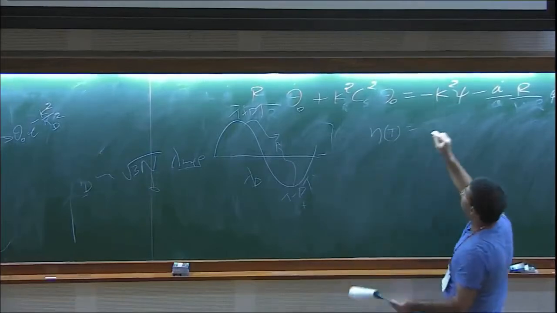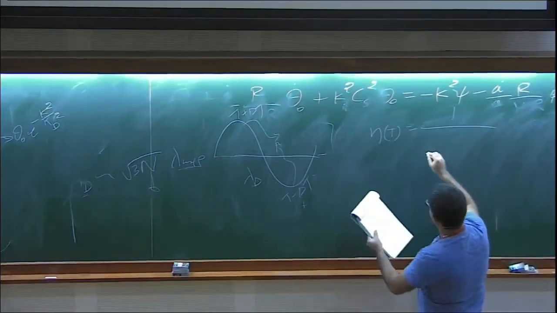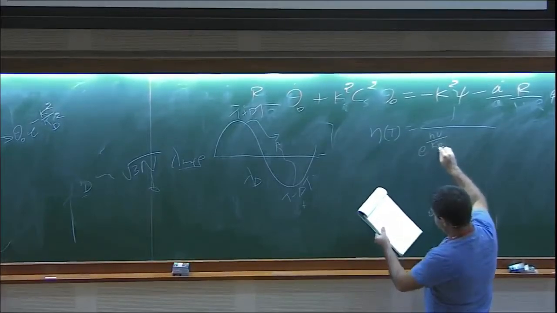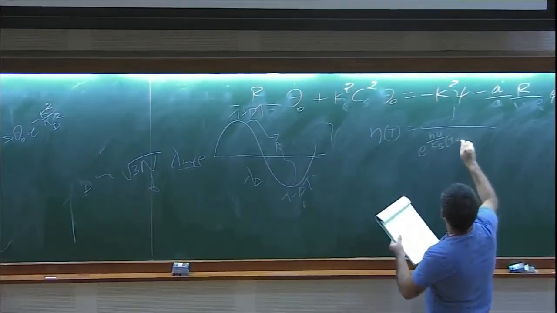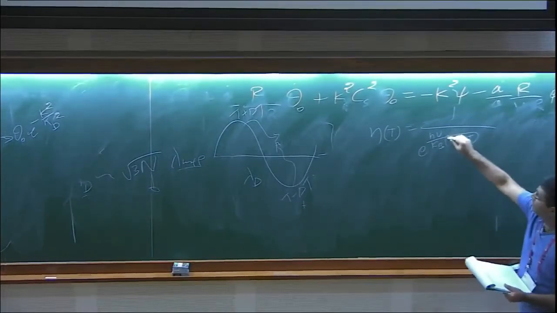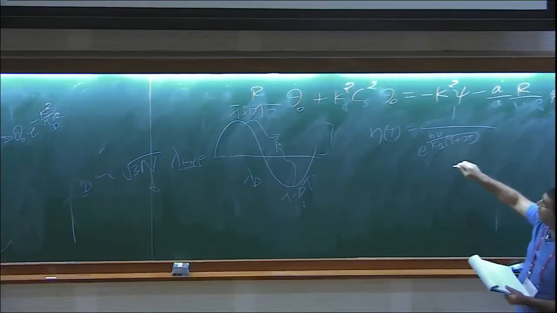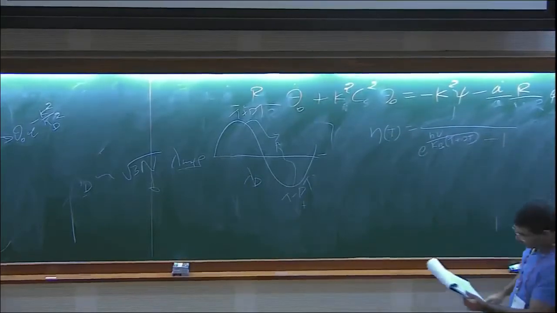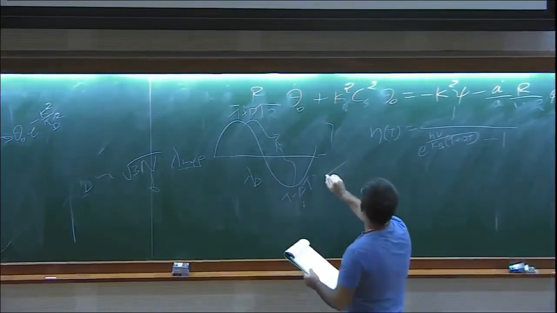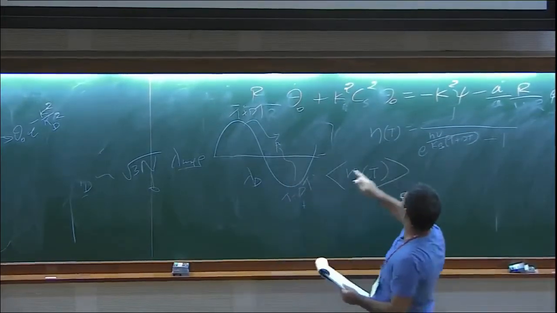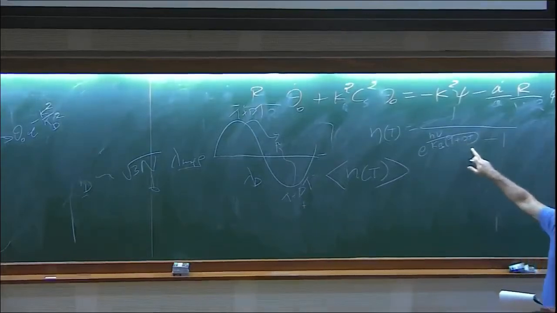The Planck spectrum is given by 1 over e to the h nu over k_B T minus 1, and each point has some different temperature, some difference from the average temperature. This is a Planck spectrum. So what happens when you average that? It is just averaging the photons with different temperatures.